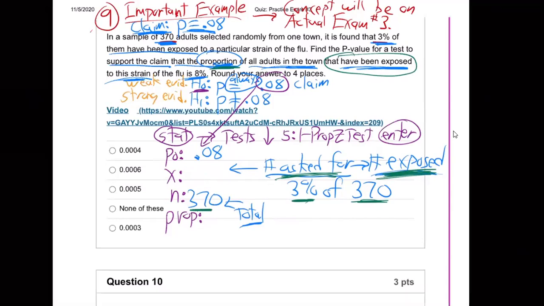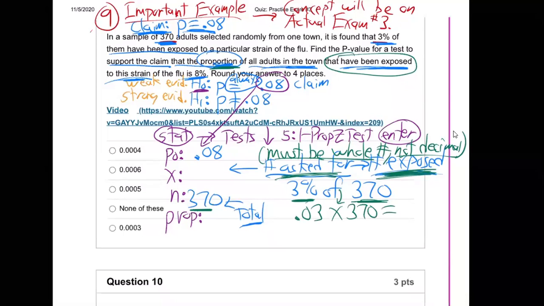Let me write a note. I'm going to send you a new formula sheet, which has a little more help. And it says here, this must be a whole number, not a decimal. It's got to be a whole number. It's a number of people. You can't have part of a person. So what do we do? We take 3%, 0.03 of, remember, of is always times, 370.